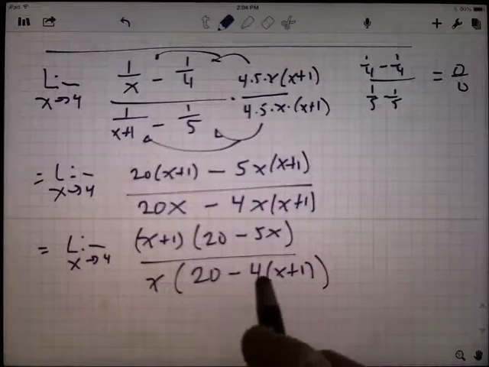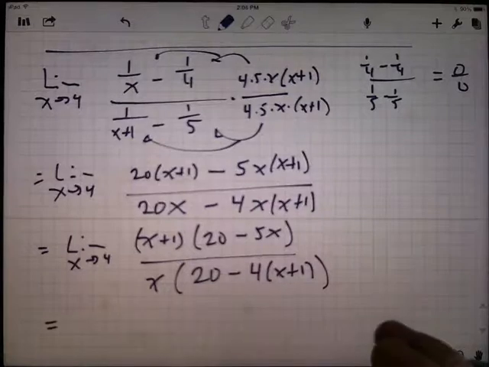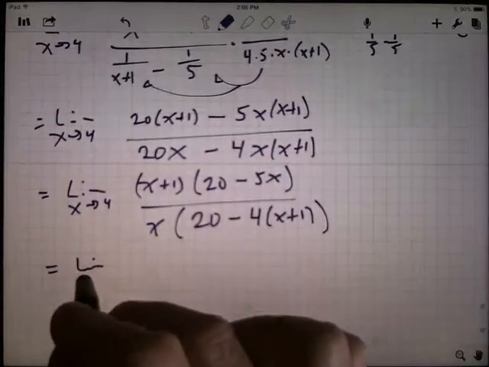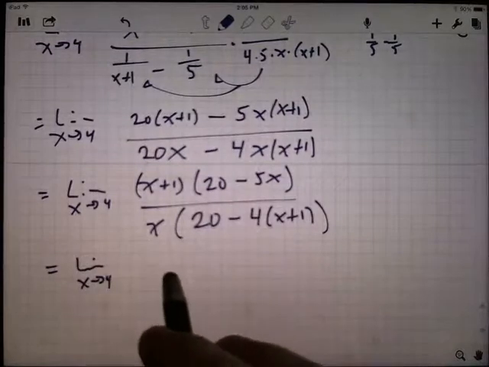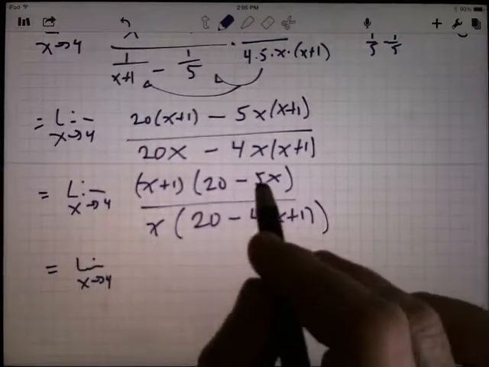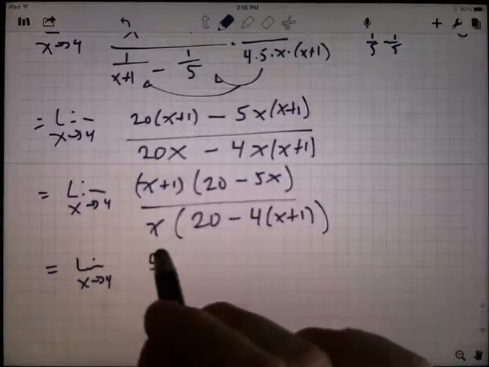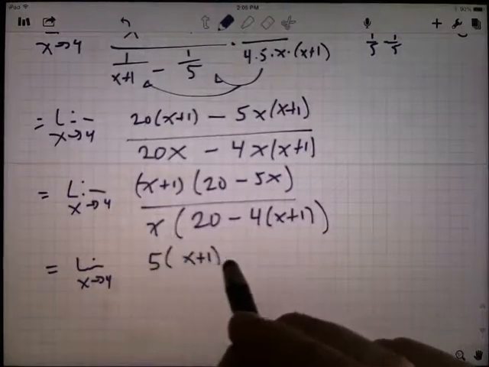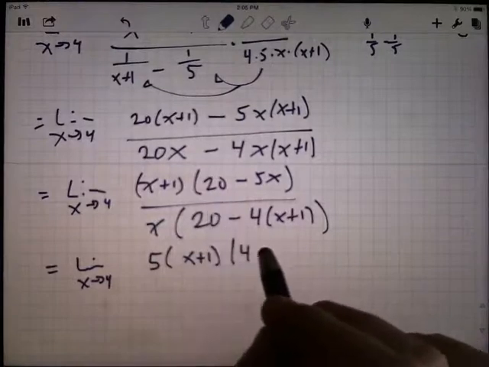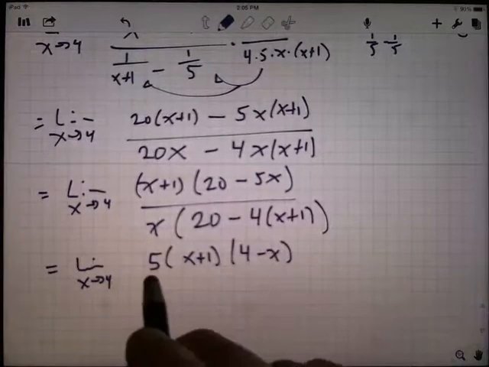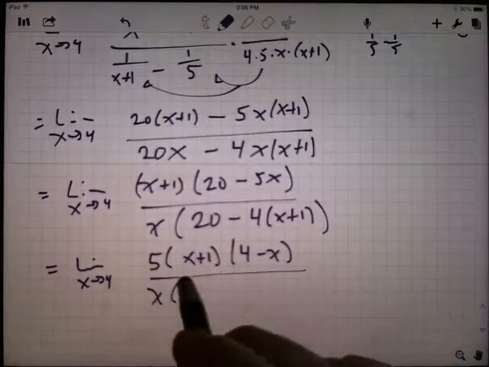Well, let me multiply that out, I guess. Limit as x goes to 4 of, actually I see a factor of 5 in here too that I want to pull out. So I've got a 5, I've got an x plus 1, I've got a 4 minus x, and then I'm going to see what's going on in here.